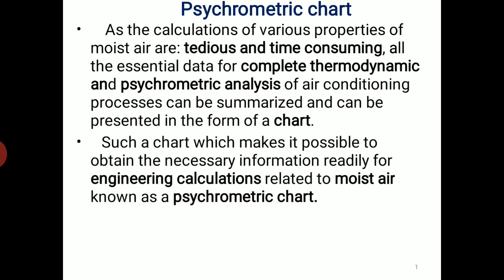Such a chart makes it possible to obtain the necessary information readily for engineering calculations. All the properties are readily available, so we can refer directly to the chart. A chart related to moisture like this is known as a psychrometric chart.